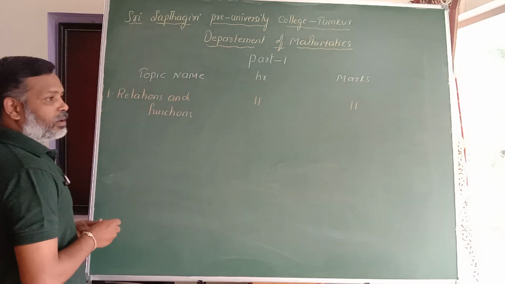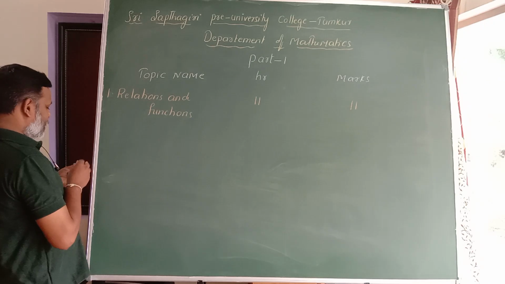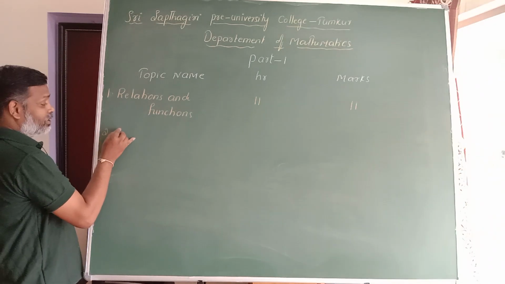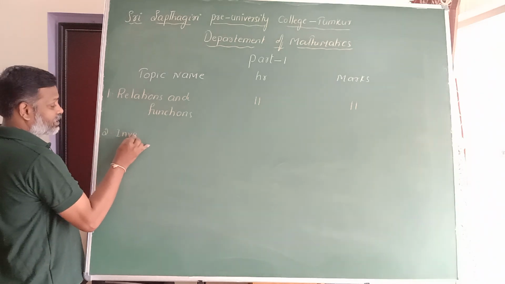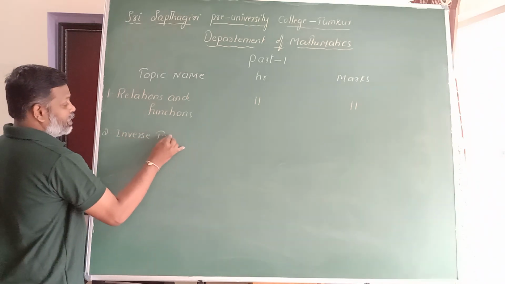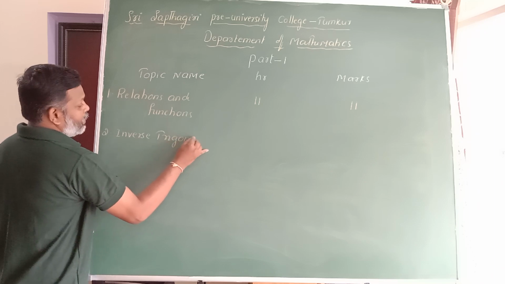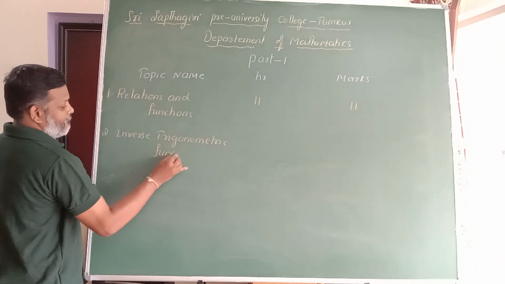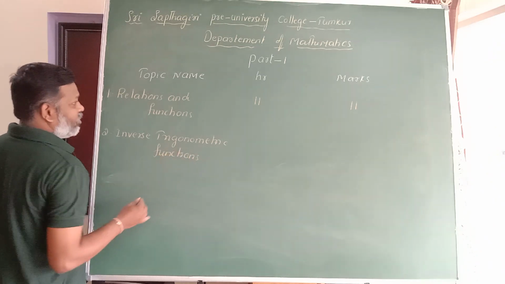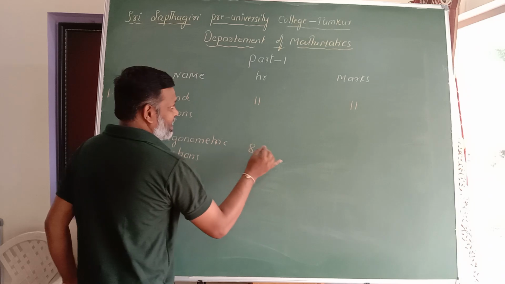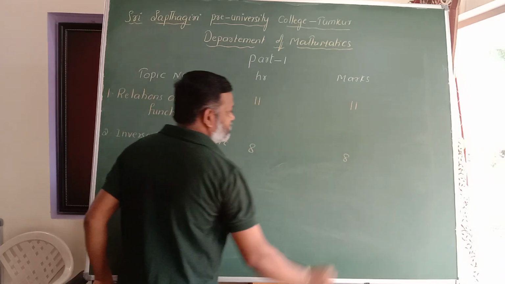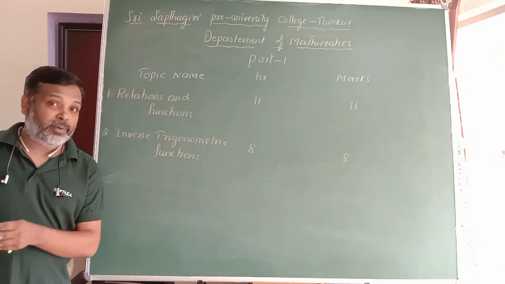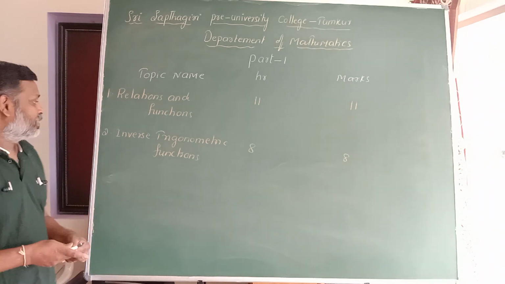The second very important topic, which is connected to trigonometry from the first year, is inverse trigonometric functions. It is of 8 hours teaching and contains 8 marks. This topic is very important to deal with some other very important topics of mathematics.